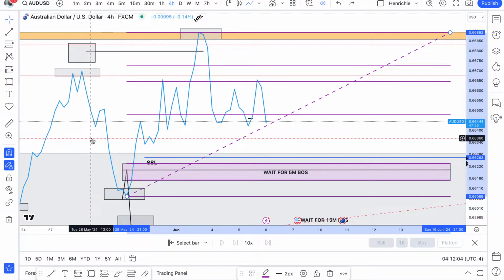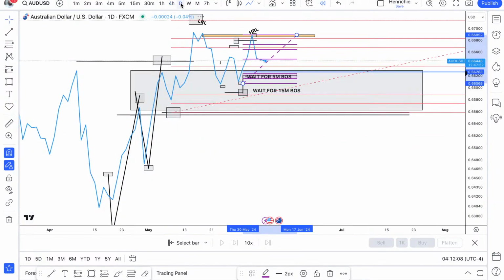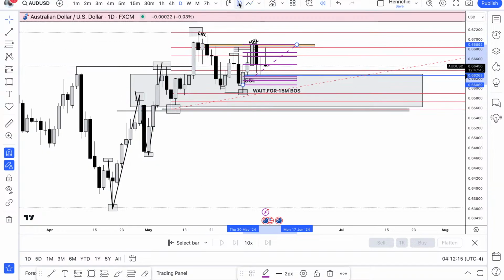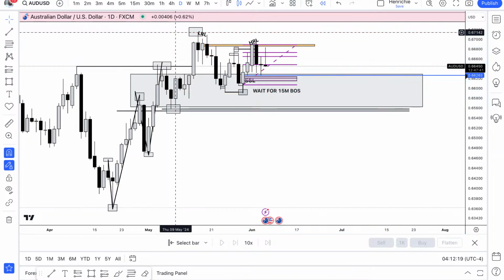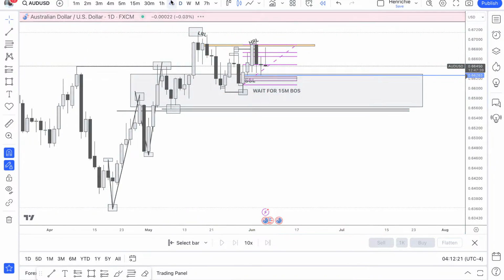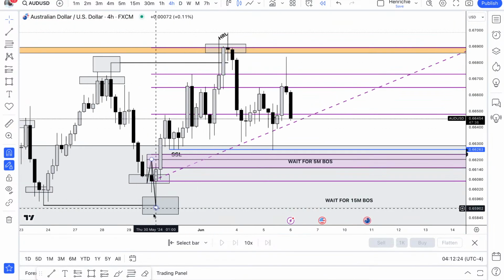I'll remove everything irrelevant from my chart so we can focus on what matters and not pay attention to anything else. I'm going to remove this one because I don't need it anymore. Then let's go back to the 4-hour time frame.